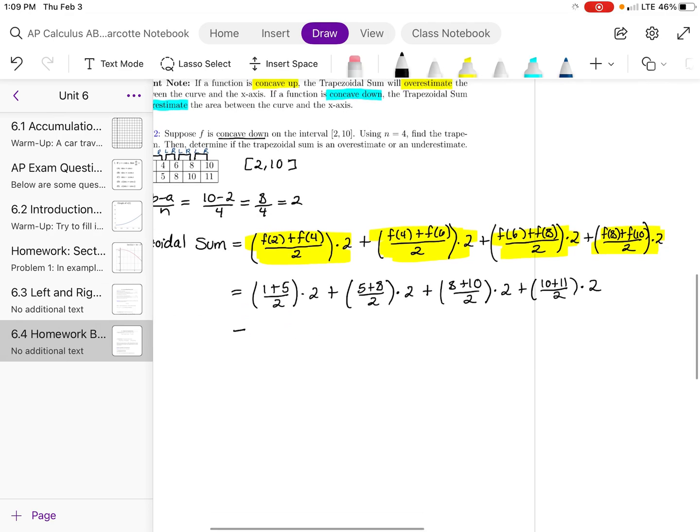And now, just applying some algebra. What you can do is cancel these 2's to make things a little bit easier. So now this becomes 6 plus 13 plus 18 plus 21.